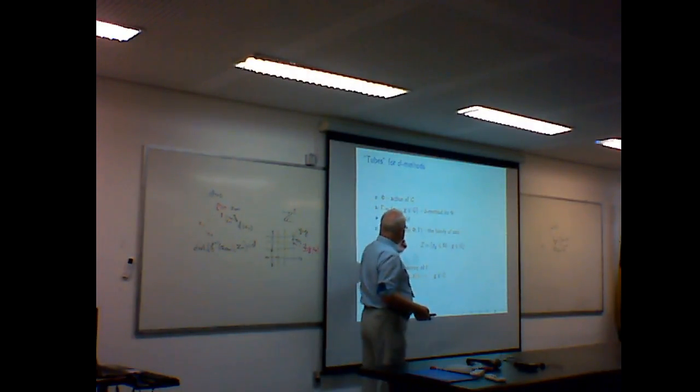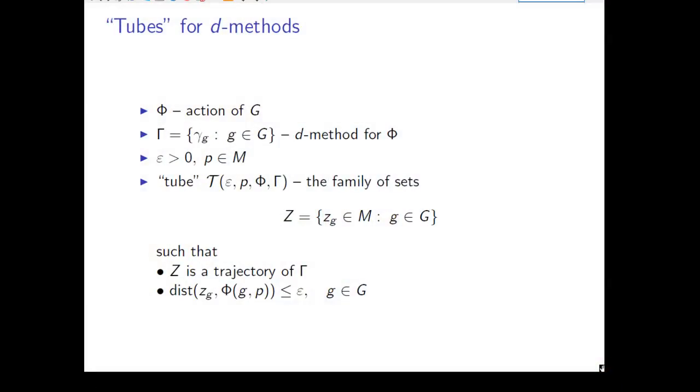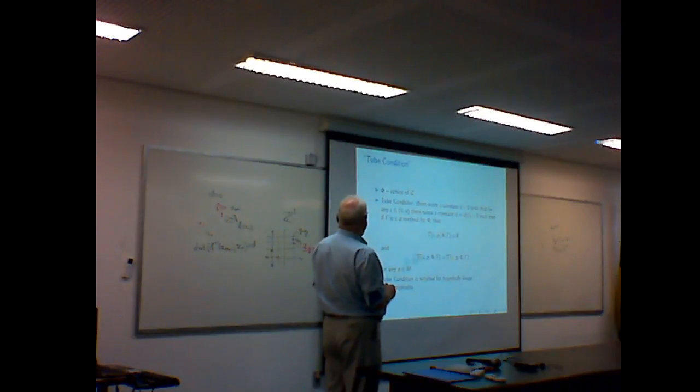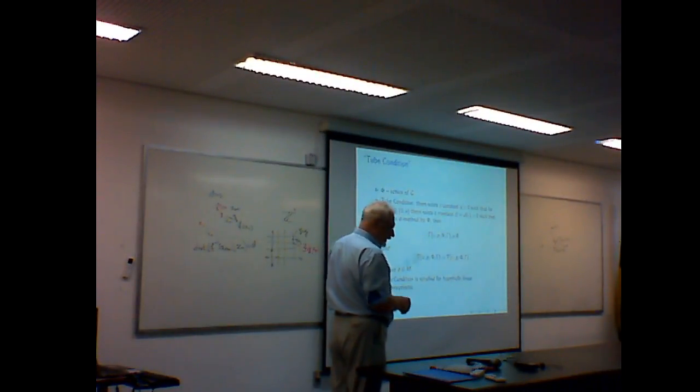And a tube with this notation is a family of approximate trajectories generated by this numerical method, such that they are close to the exact trajectory in this sense. It is important that we have a non-strict inequality here. And I defined what I call the tube condition.